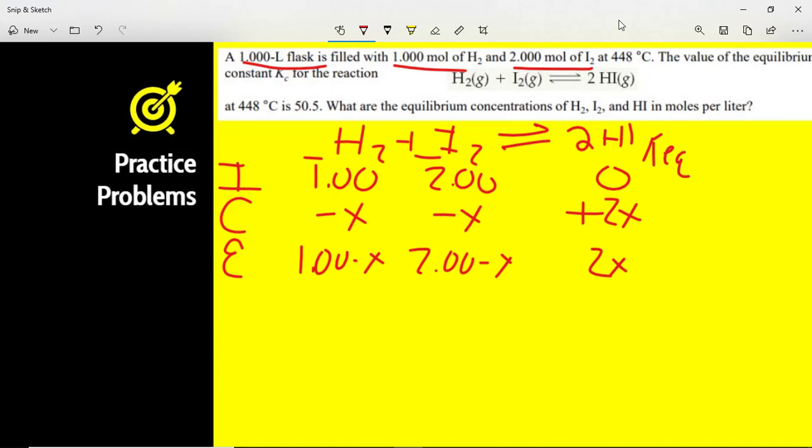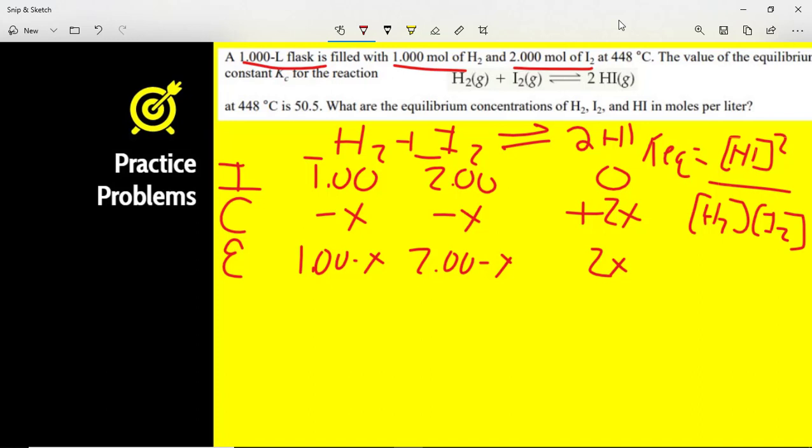Keq is going to equal HI squared over H2 times I2. So we can plug these values in and actually solve for X.